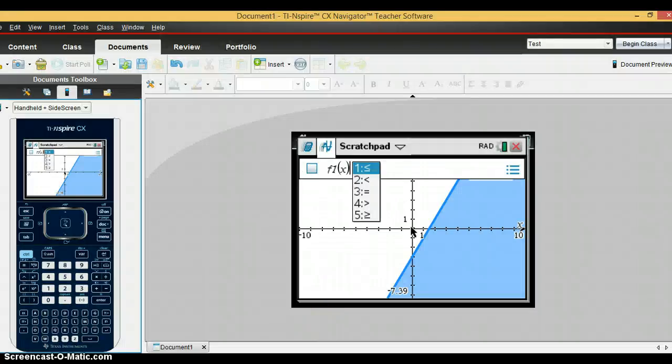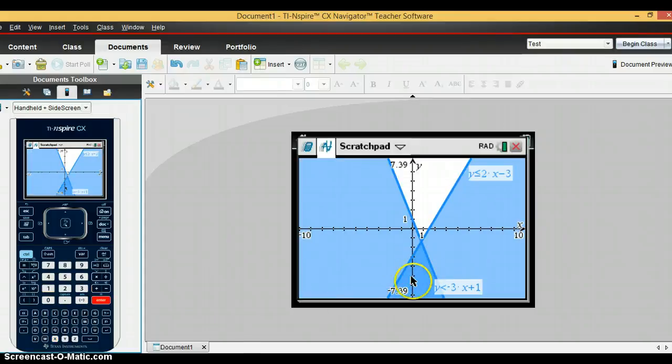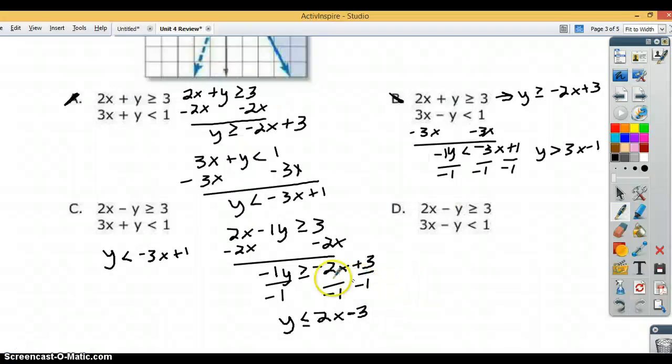Then we have less than, which is 2, and we have negative 3x plus 1. So now the double shaded is down here. Again, not what we want, which means this one must be our answer. You could solve them for y and graph them, but this one's got to be our answer.